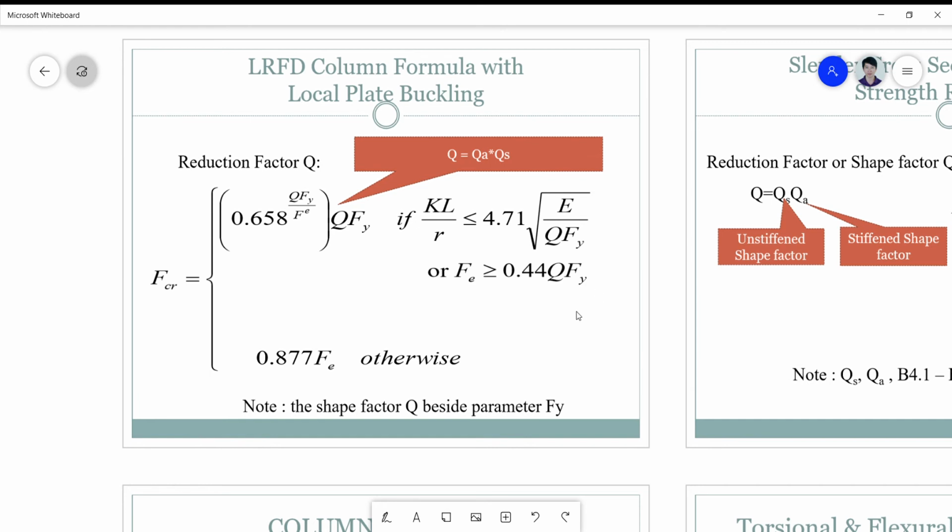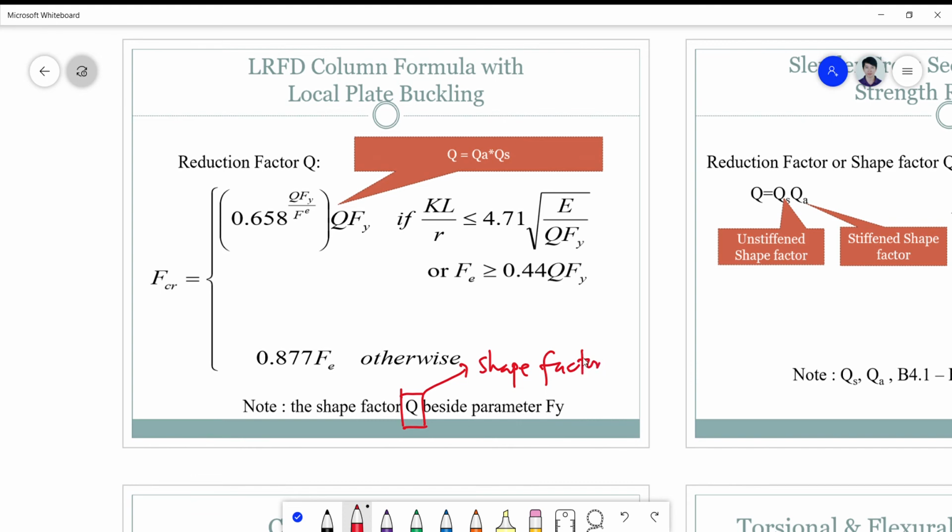And the only difference is the factor Q, which stands for the shape factor, that is multiplied on this formula. Okay, so remember our original formula has no Q on this exponent.